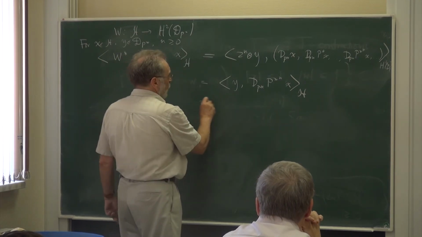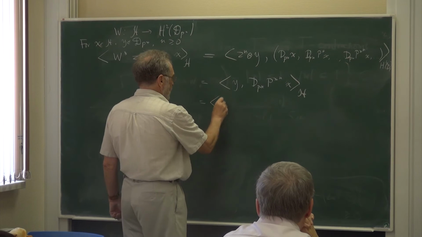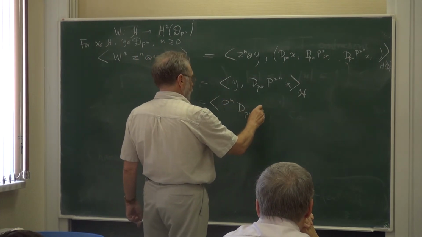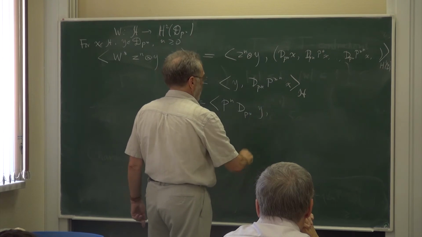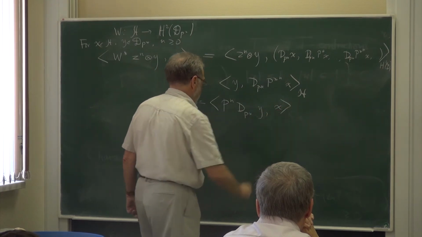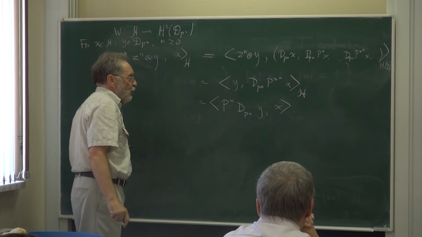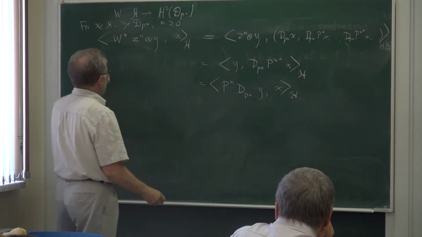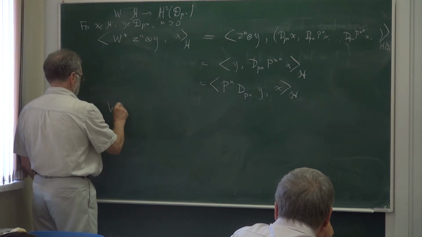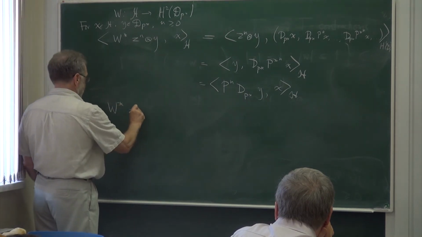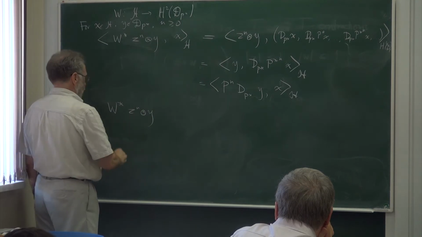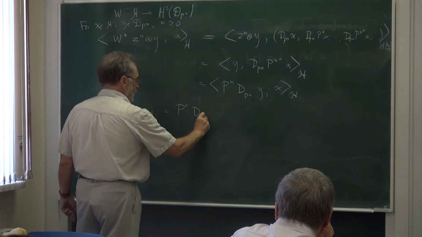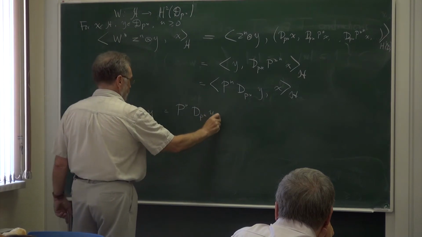And so we could pull these over to the other side, and we get the inner product of P^n D_P* y with x in H. So what this shows is that W* applied to Z^n tensor y is P^n D_P* y.